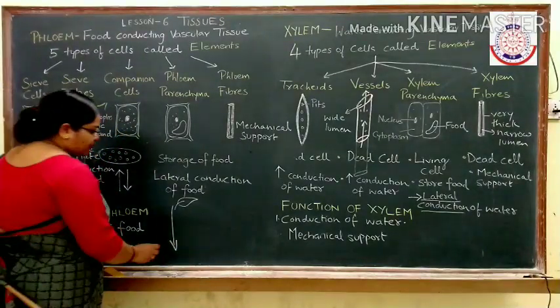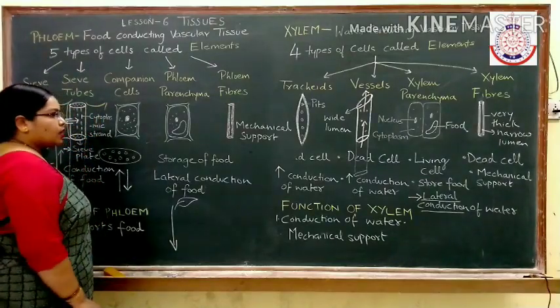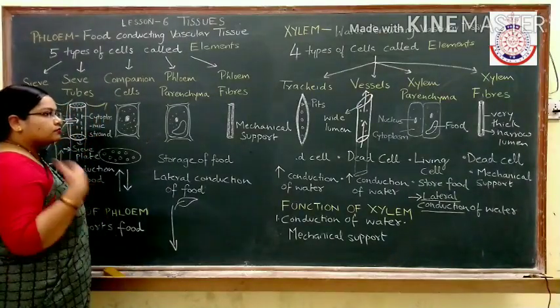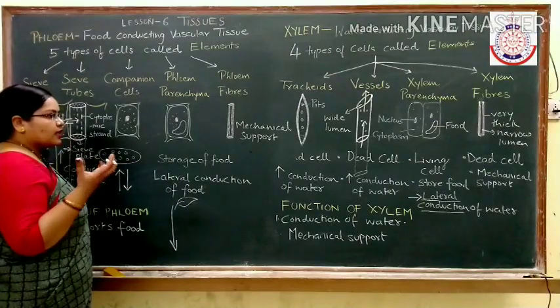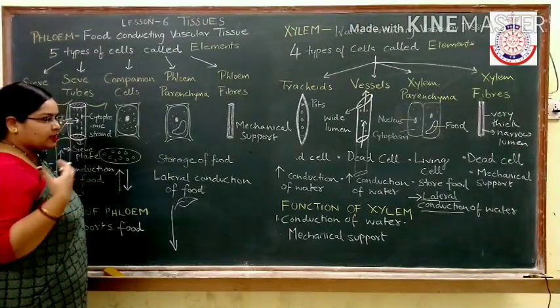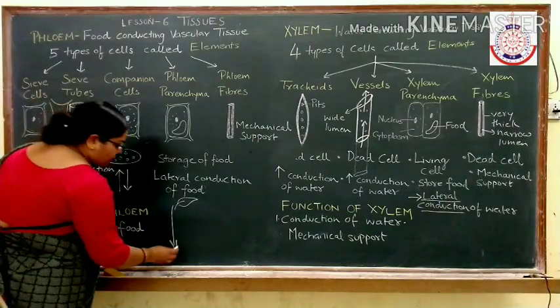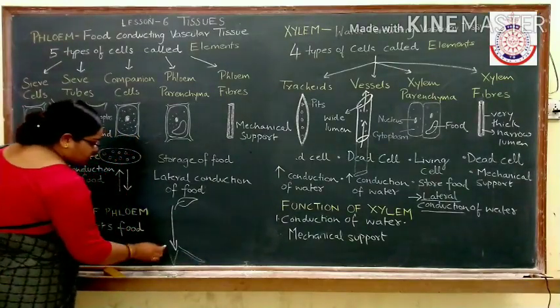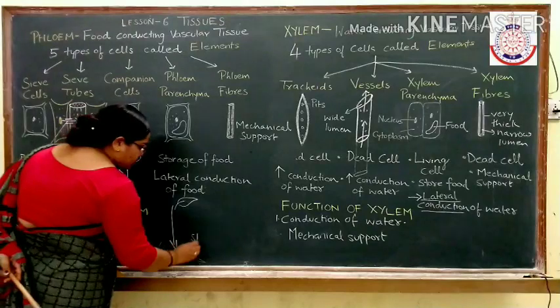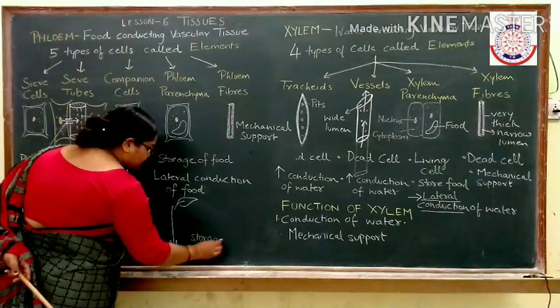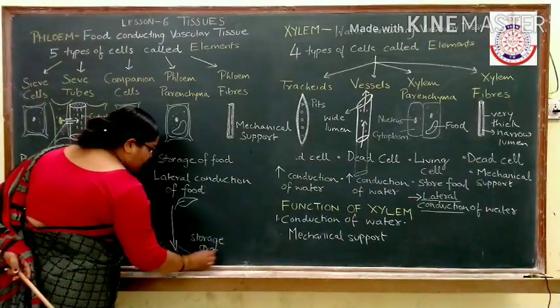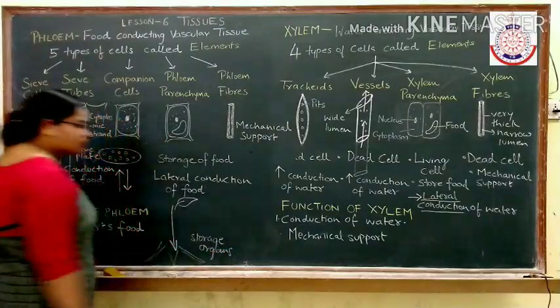But during the autumn season, when there is leaf fall, at that time food is stored in the roots. In the storage organ, food is stored by the plants for adverse conditions.